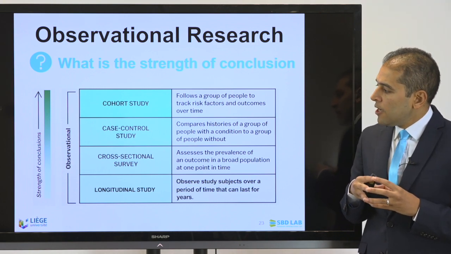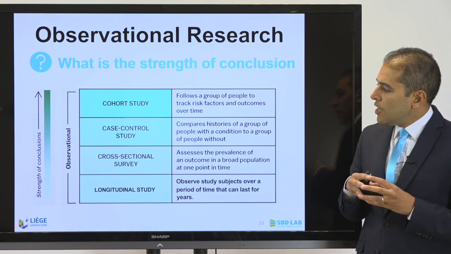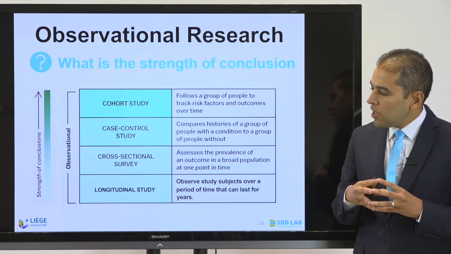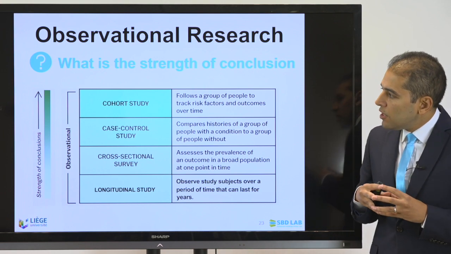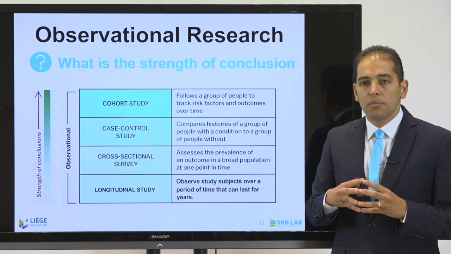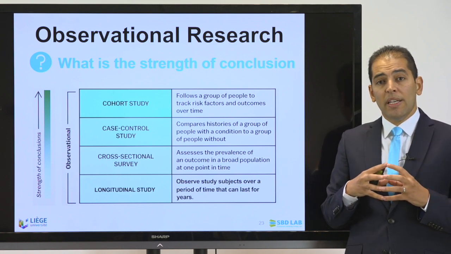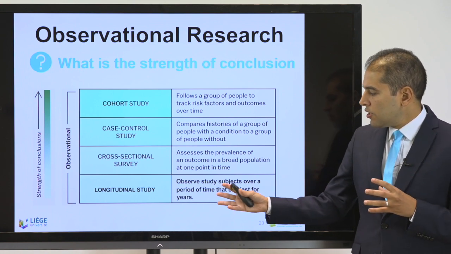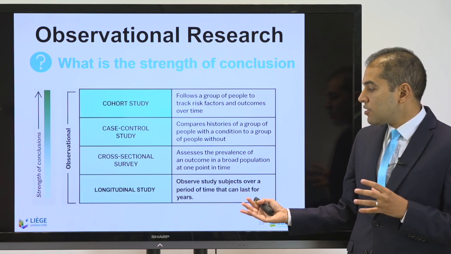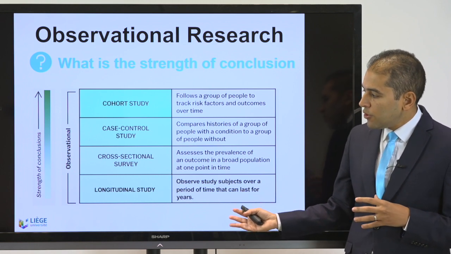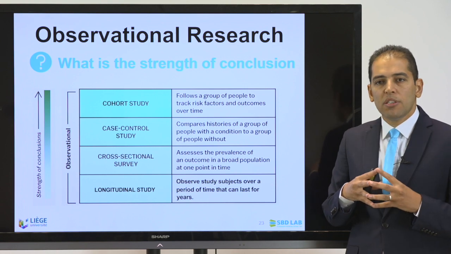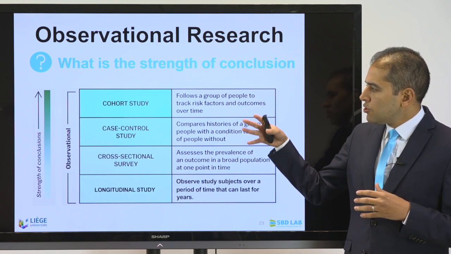And as you can see in medical research, when we look at the strengths in regard to the conclusion, the higher we go, the more conclusive and comprehensive the conclusion can be, and the more it is based on evidence. The longitudinal study observes subjects over a period of time that can last for years. It is not very strong in general. Then we can go stronger and stronger.